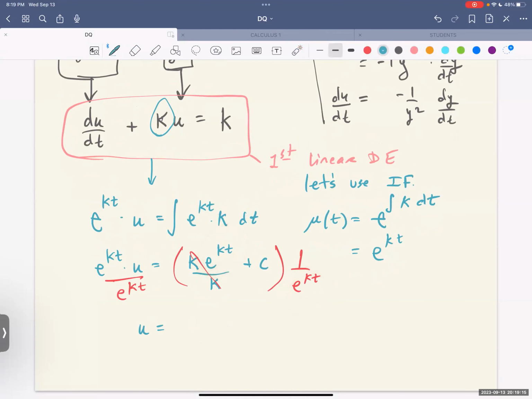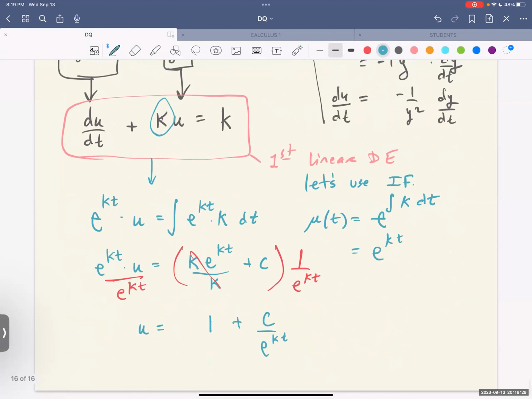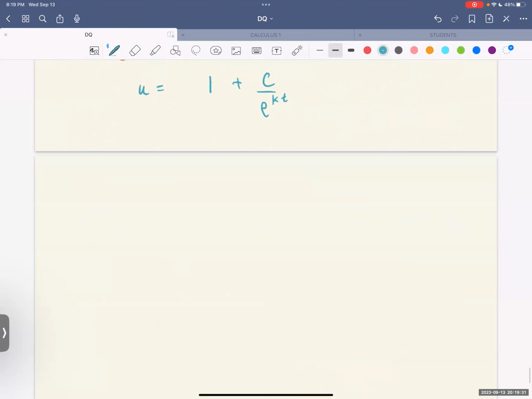So we end up with 1 plus c over e to the kt, and then we need to replace our u with what it was. U was 1 over y. So 1 over y is equal to 1 plus c over e to the kt, and we want to solve for y.